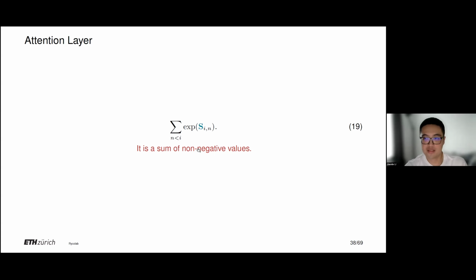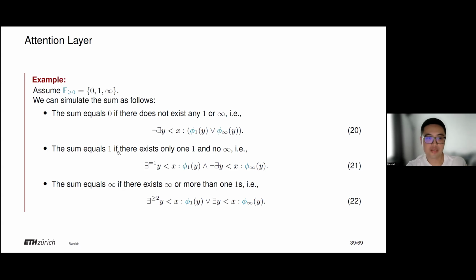And this makes it simulatable by PFO2. Again, we assume the non-negative values are 0, 1, and infinity. So there are only three possible outcomes, 0, 1, and infinity. And the sum will equal 0 if there does not exist any 1 or infinity before the current position.